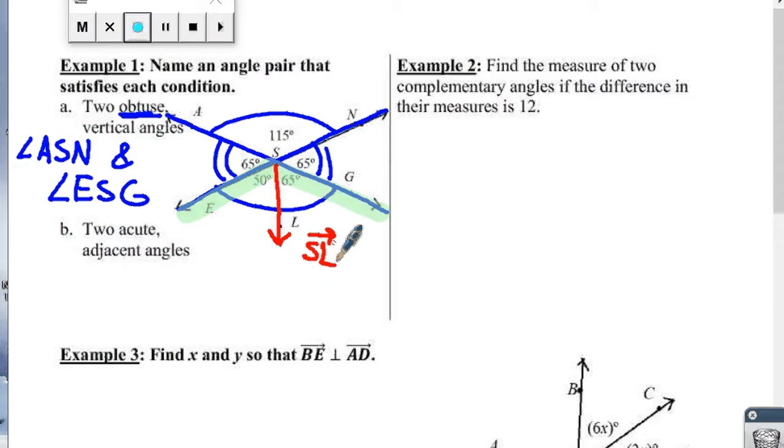Okay, I have this guy and I have this guy. Those two angles would be adjacent angles, and they both are acute. This one's 50 degrees, this one's 65 degrees. So my two acute adjacent angles would be angle ESL and angle LSG.